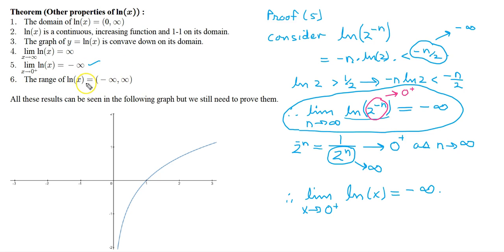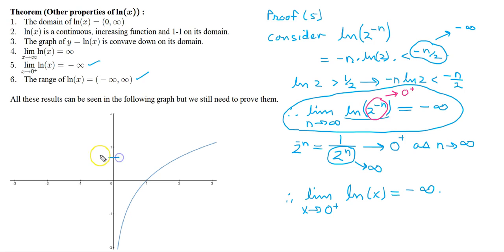Now number 6 is a direct result of 4 and 5 and the fact that the natural logarithm is a continuous function. So you see, as x approaches positive infinity, the natural log is approaching infinity. As x approaches 0 from the right, the natural log is approaching negative infinity.